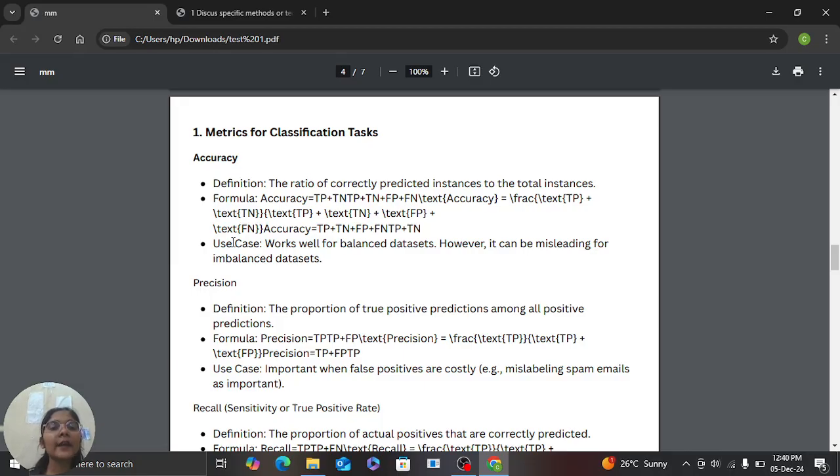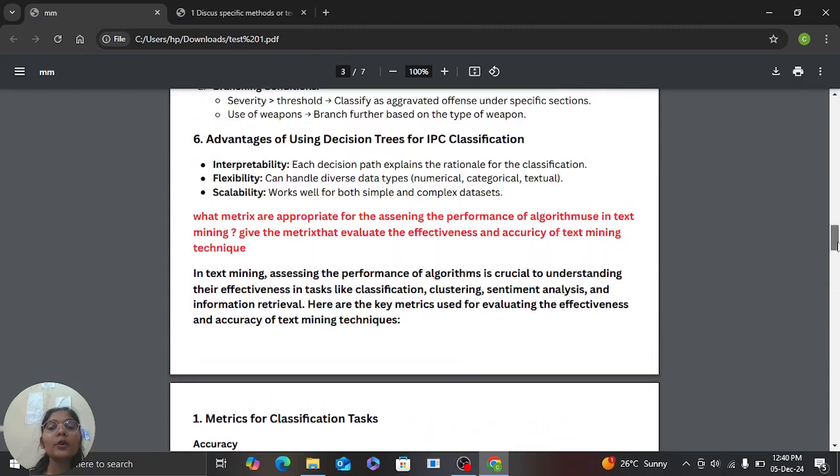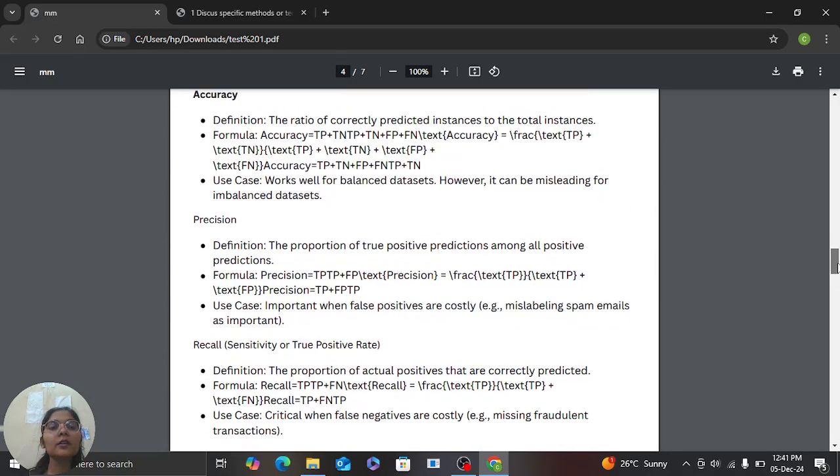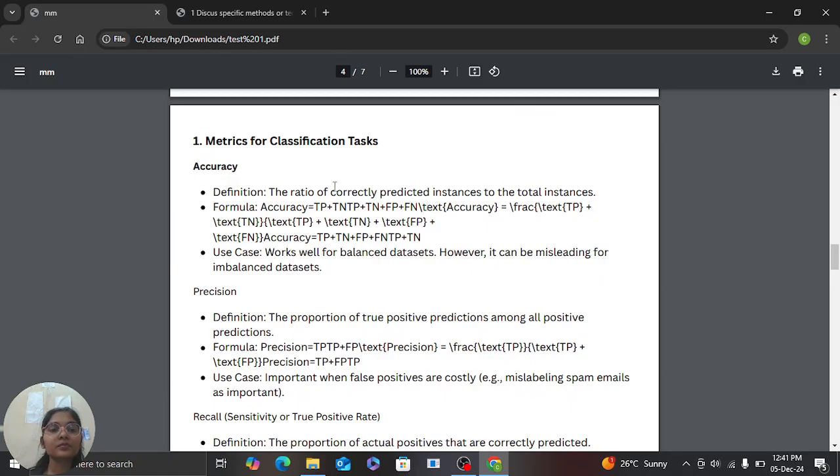To evaluate the accuracy of any type of text mining technique, we need to apply the following methods: we need to calculate the accuracy, precision, and recall.